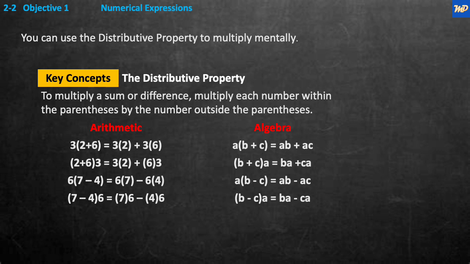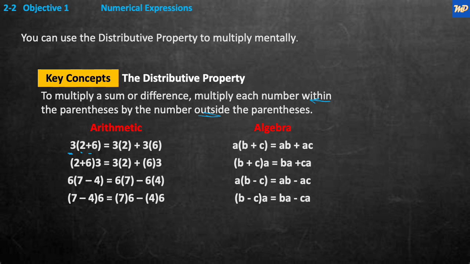So arithmetically, what are we talking about? We have 3 times the quantity 2 plus 6. What they're showing us is that you take 3 times 2. It says multiply each number within the parentheses by the number outside, right? 3 is outside, 2 and 6 are inside.